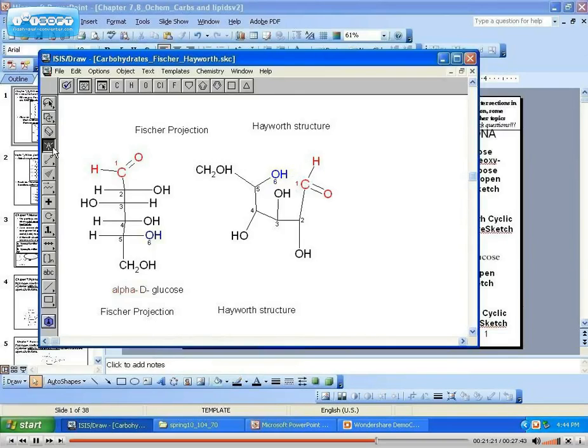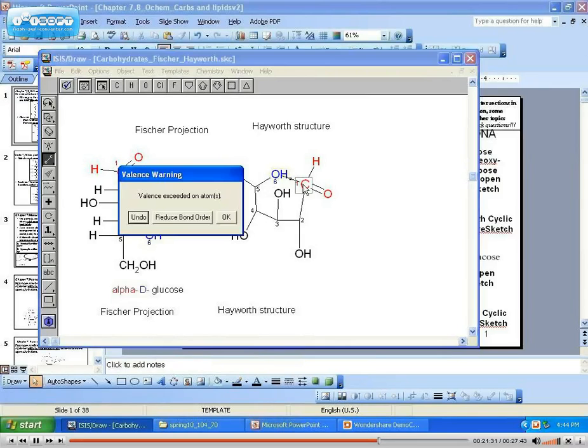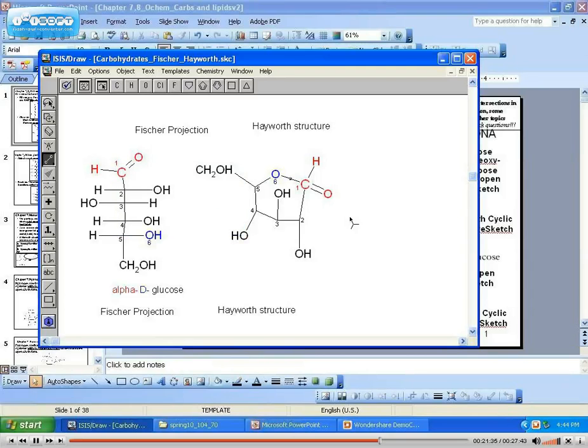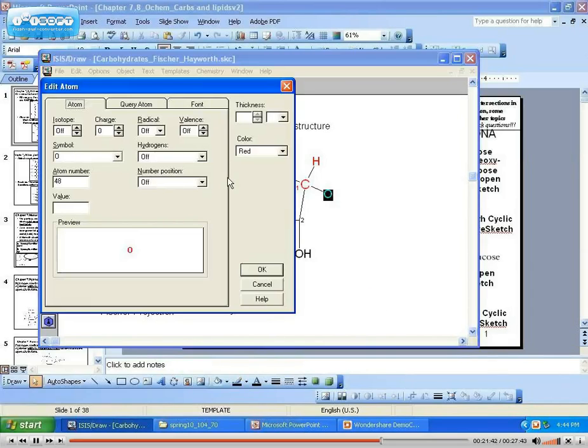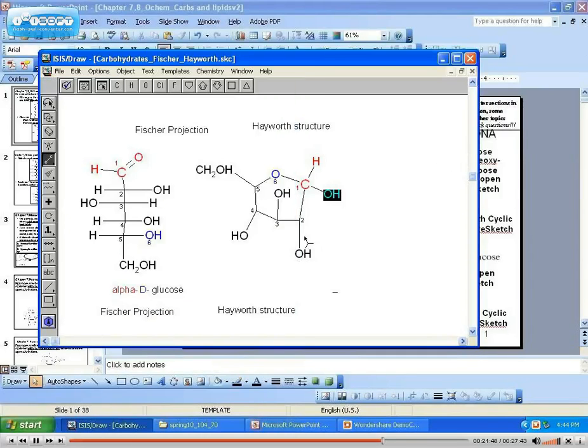So in this case, I'll go ahead and form a brand new bond. And this one is going to pick up an alcohol, and voila.